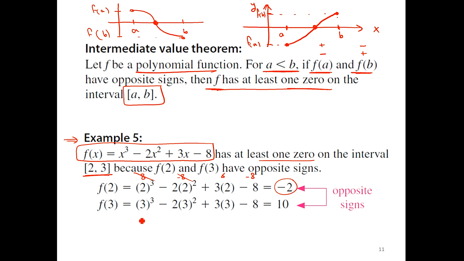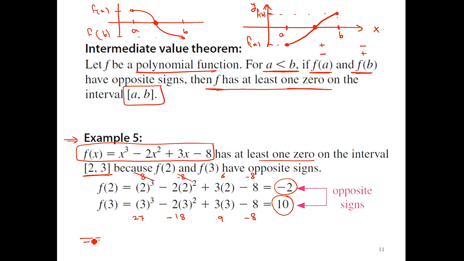After substituting 3, we have 27 minus 18 plus 9 minus 8. 27 minus 18, we have positive 9. 9 plus 9 is 18. 18 minus 8 equals positive 10. So we have different, opposite signs.